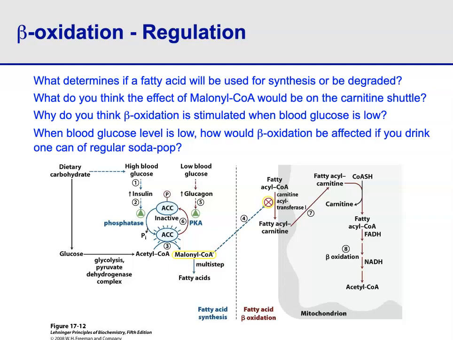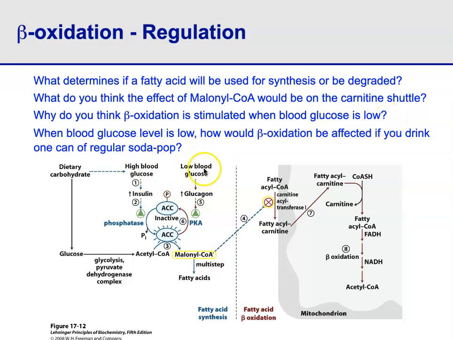It'll stimulate glycogen breakdown, gluconeogenesis, and it will start using fat for energy. It wants to spare glucose so that the glucose will be primarily sent to the brain. All right, so that's the purpose of why we want to stimulate beta oxidation when blood glucose level is low.